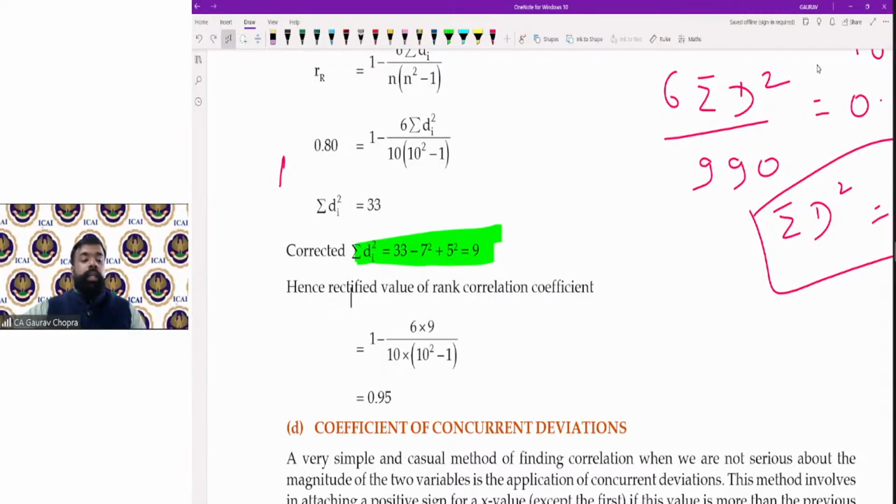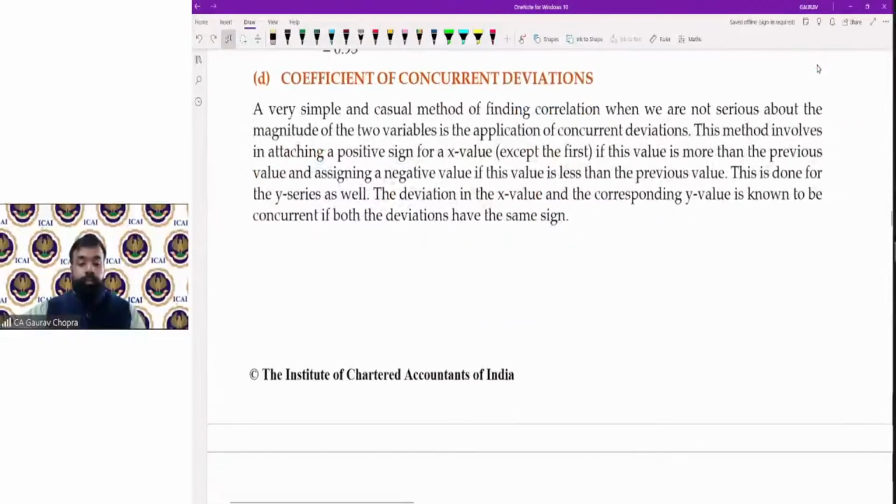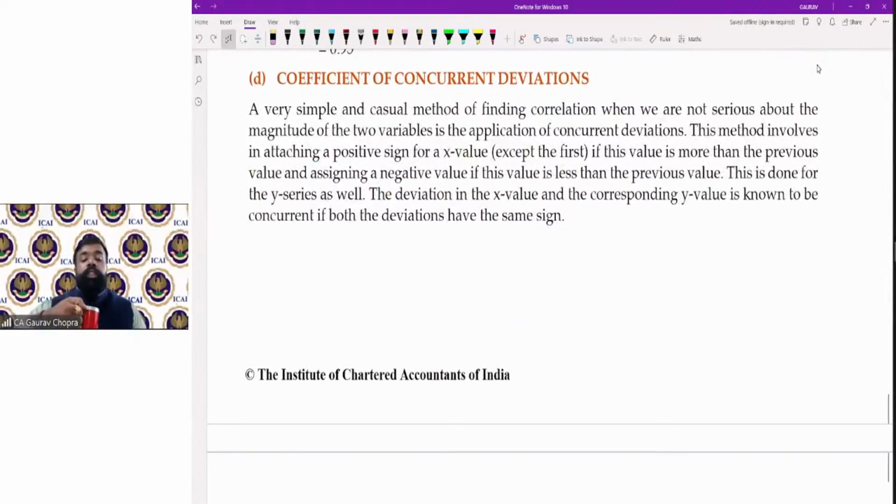So this was basically Spearman rank correlation coefficient. Now the next one is concurrent deviation method. Now what is basically concurrent method?